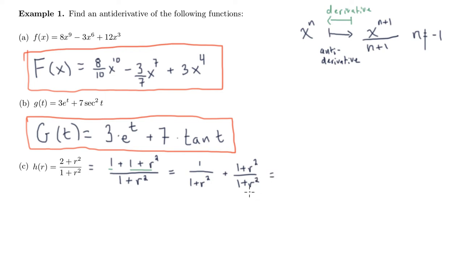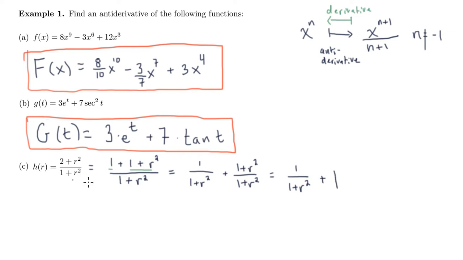Okay. Notice that r squared is always positive, so 1 plus r squared is never 0. So I really can conclude that this fraction, 1 plus r squared over 1 plus r squared, is equal to 1. So this is just 1 over 1 plus r squared plus 1.